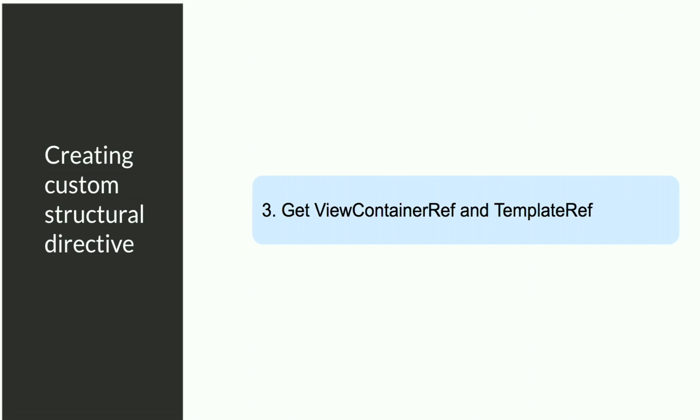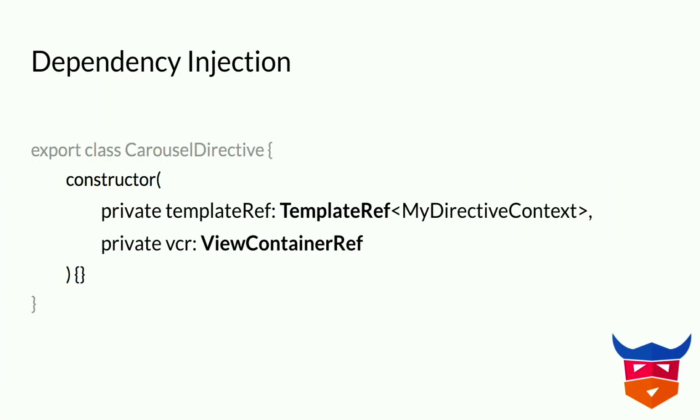Right, so the next thing, we want to get hold of the ViewContainerRef and the TemplateRef. Because as we saw earlier, in order to actually render a view, we need to create the view and then add it to a view container. So the way to get hold of the ViewContainerRef and the TemplateRef from the directive class is using dependency injection.